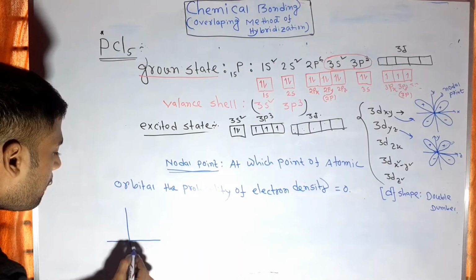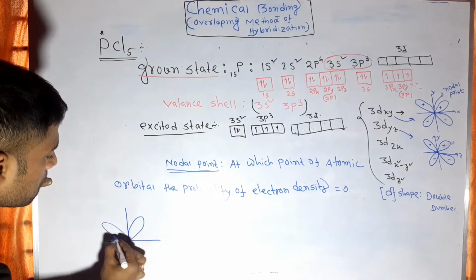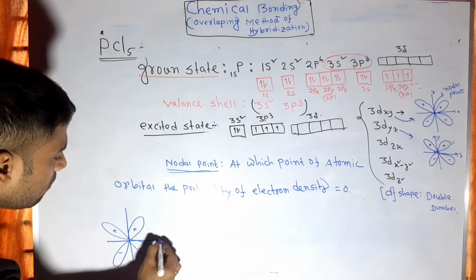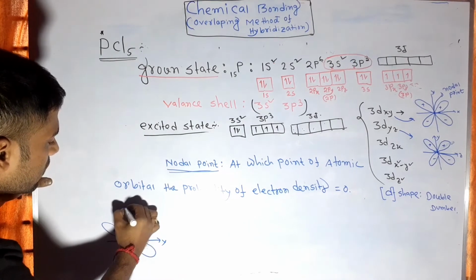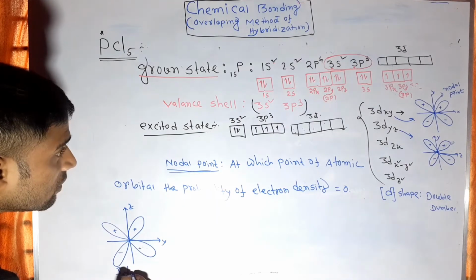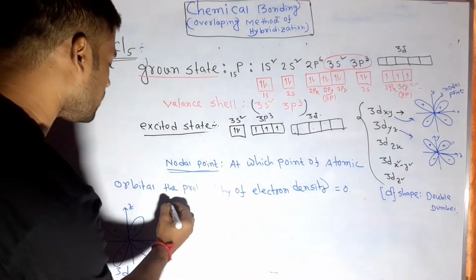3dzx: this sign is positive, this sign negative. This is considered y, this is considered z. This is the structure of 3dzx. Then 3dx square minus y square.